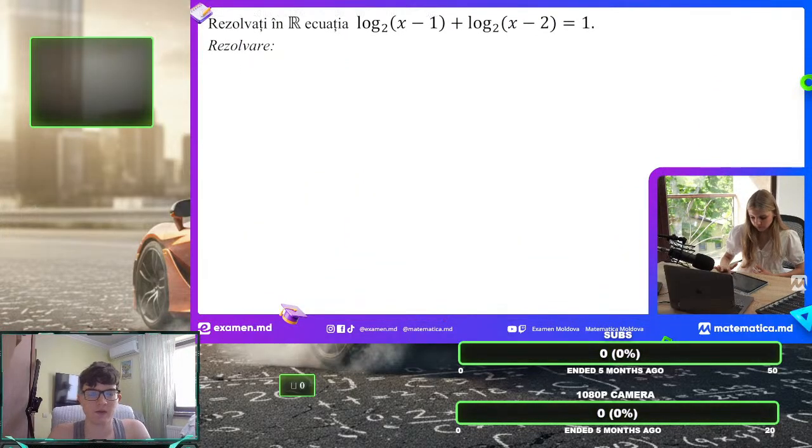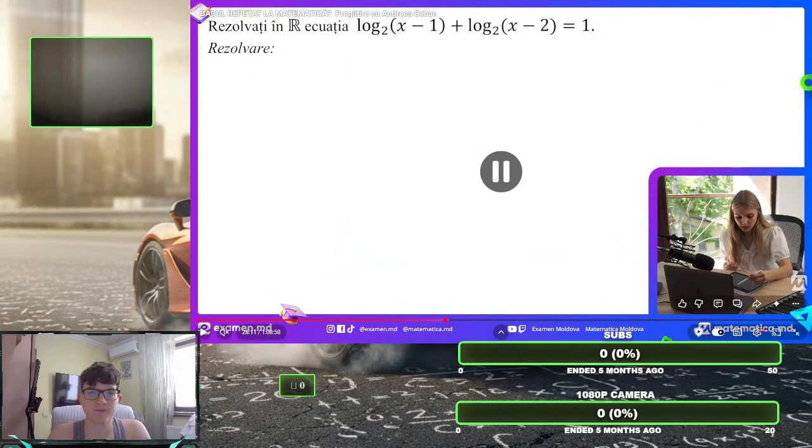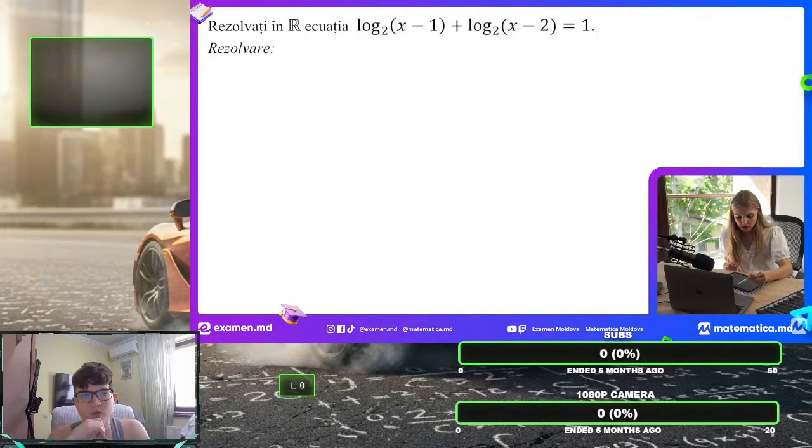Okay, so we got this equation. I mean, this one should be a bit harder than usual. LOG and stuff. I think in the LOG domain, you just have to take what is in the parentheses and put it bigger than 0, right? This is what we should do, I think.